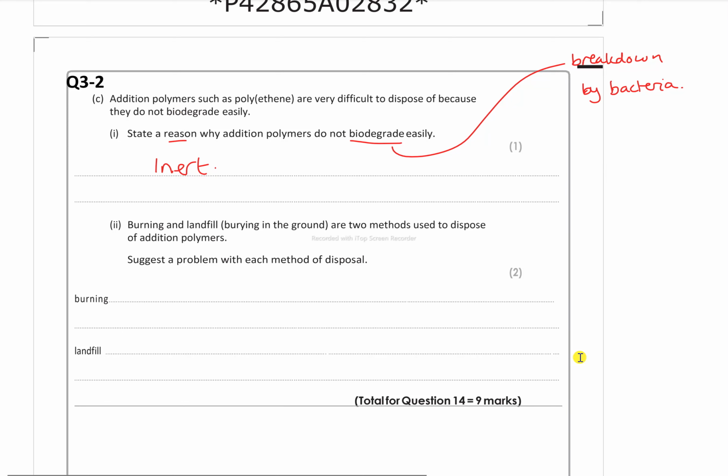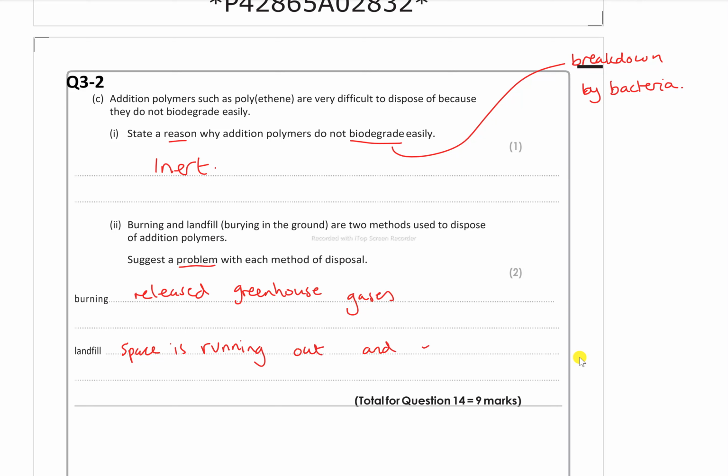The problem with burning is that it releases toxic gases or greenhouse gases. And landfill space is running out or difficult to find, and the existing sites are filling up quickly. There you go.